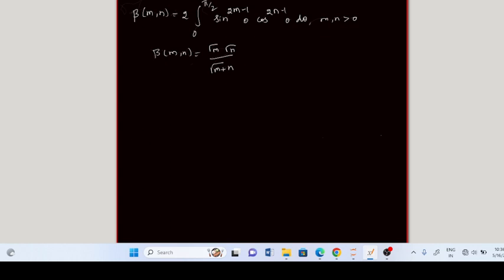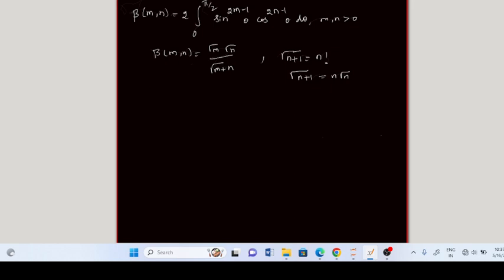So here we discuss the problem, and here we must know that gamma n plus 1 we can write as n factorial if n is an integer. Suppose n is a fractional number, then we can write gamma n plus 1 equal to n into gamma n.